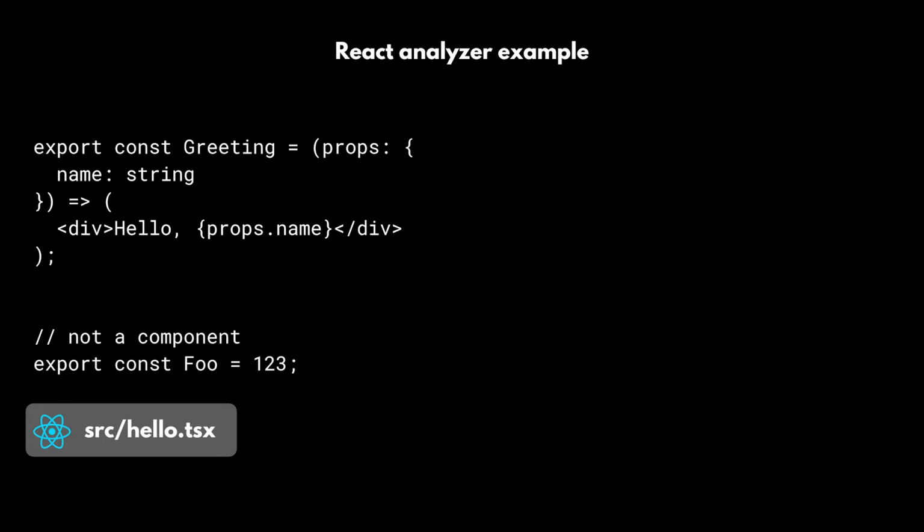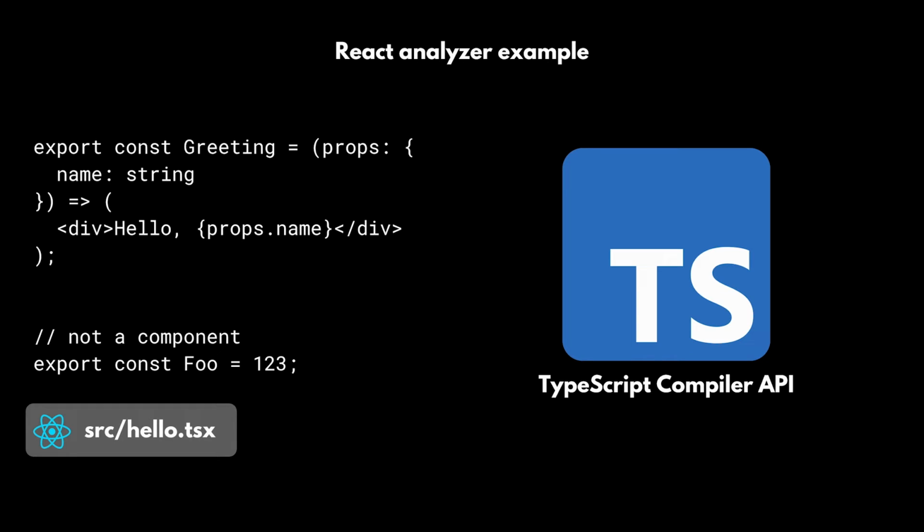So for example, here we have a definition of a component called greeting, that is a function that returns some JSX. It will use the TypeScript compiler API to analyze this and figure out, okay, this is a function and its return type is some kind of JSX. And that means it's probably a component. On the other hand, foo is just a value 1, 2, 3, which is obviously not a component. And so we do that across the entire code base in order to know where the components are and where you can actually preview.